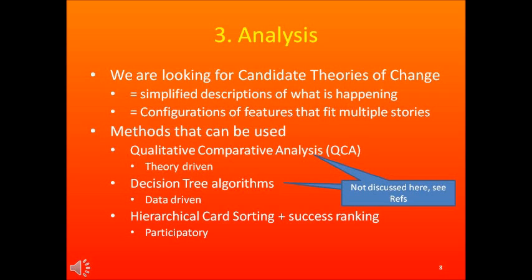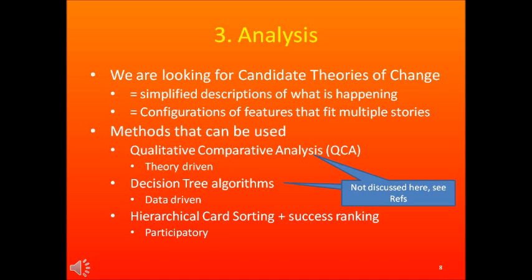One is called qualitative comparative analysis, which is a theory-driven method and which comes out of the field of political science. The second is decision tree algorithms, and this comes from the field of data mining and is more data-driven. And the third are hierarchical card sorting combined with success ranking, and this is a more participatory method.